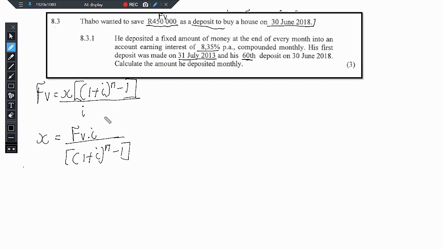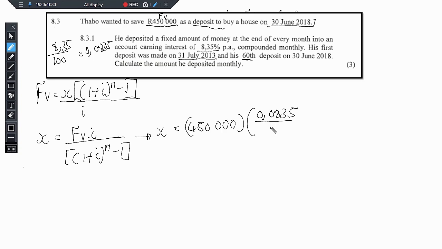So, right, at this point, we just want to substitute into the formula. So our future value, 450,000, then multiply that by the interest, 8.35. So that's 8.35 over 100, which is 0.0835.